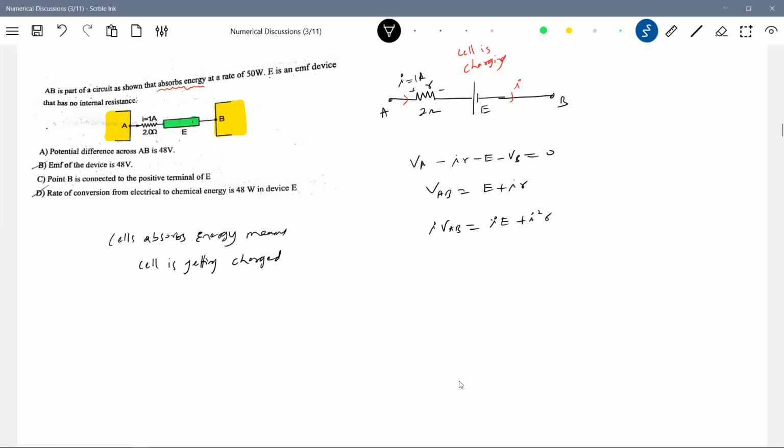That is 50 watt. Or will you write I into E? Should I into VAB be 50 watt, or I into E be 50 watt? I think we have to take a decision here.